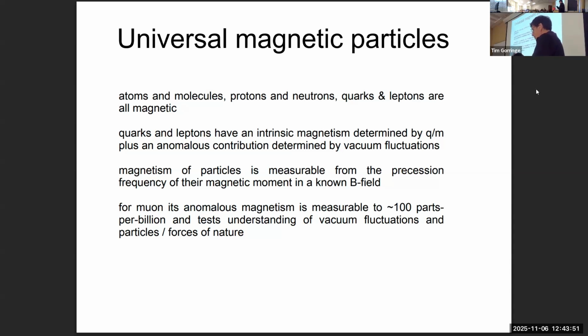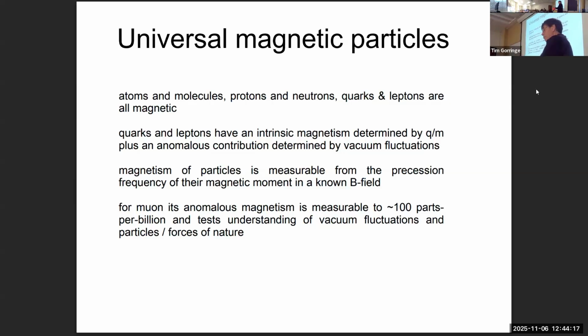So the quarks and the gluons have what we call intrinsic magnetism. As far as we know, they're fundamental particles, but they carry some magnetism. A large portion of their magnetism is predicted by relativistic quantum mechanics.